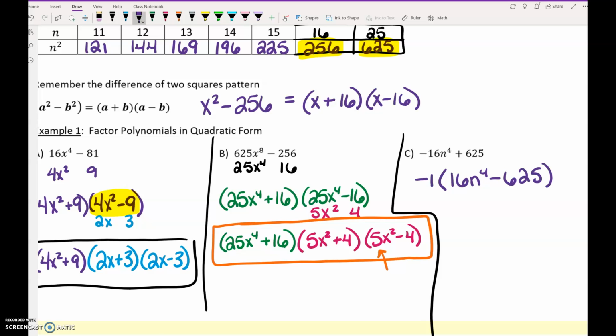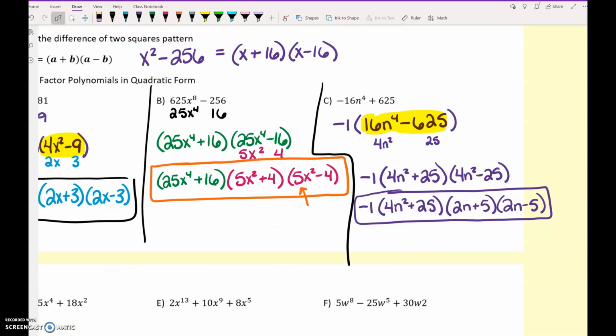All this means is you're going to have the same thing that we did in A or B. There's just going to be a -1 in front of the final factored form. So on your own, I would like you to pause the video. Try factoring 16n to the fourth minus 625 on your own.